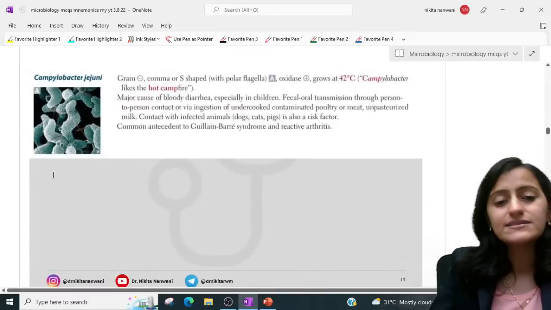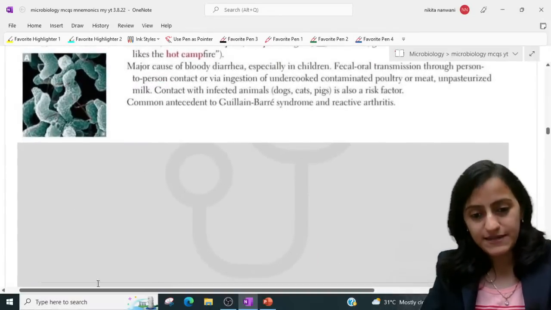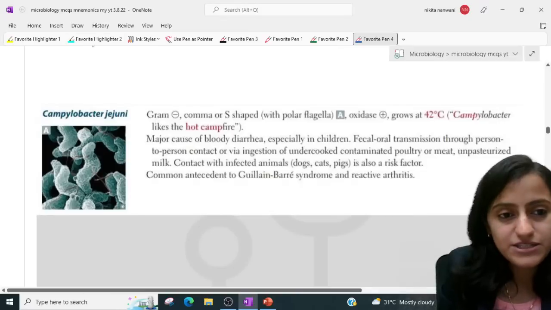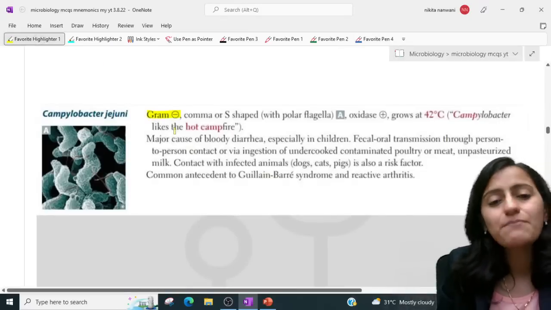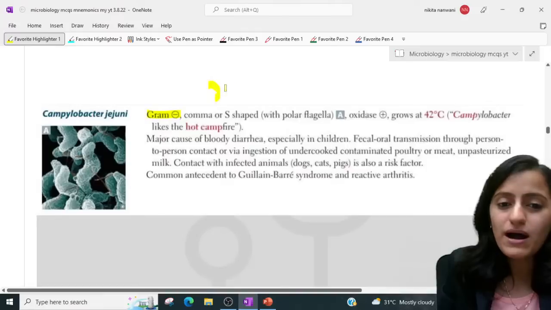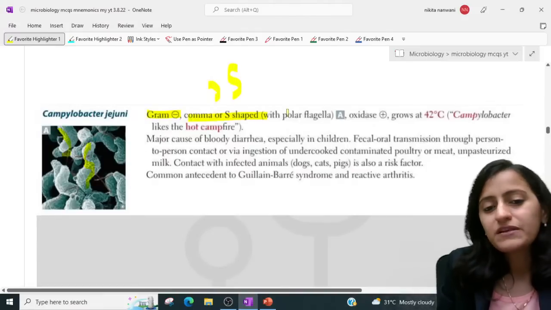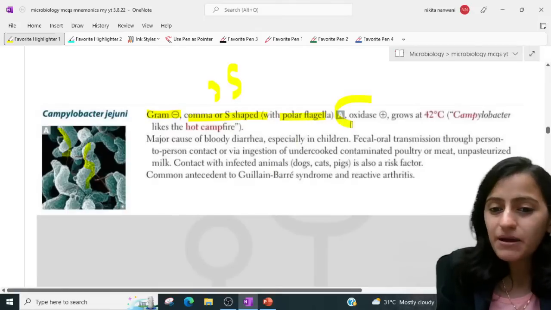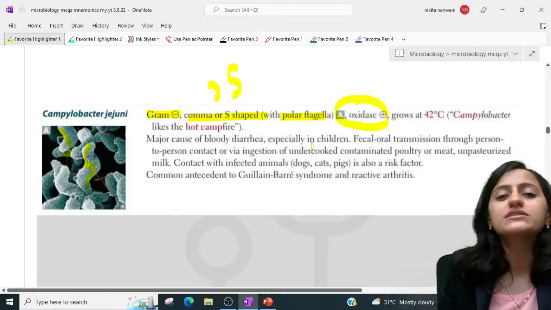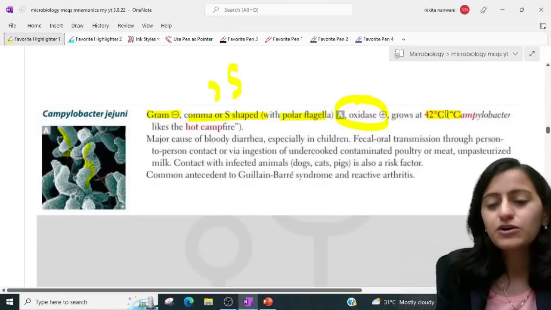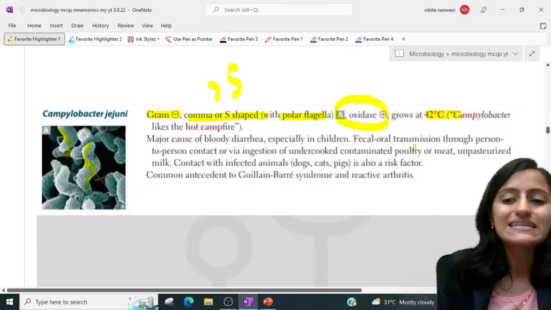Let's have a look at this. The important points, this is basically from First Aid. So the important points for Campylobacter jejuni, what are those? It's gram-negative, right? It is comma or S-shaped like this, with polar flagella. Remember, this is oxidase positive. All these curved organisms are oxidase positive, and it grows at 42 degrees centigrade.